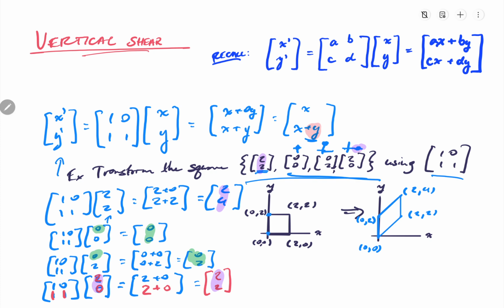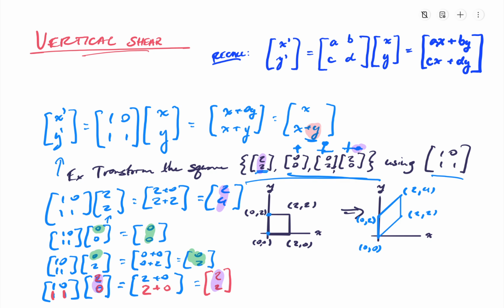All right, so that's why it's called a vertical shear. So everything that wasn't on the y-axis where y equals 0 was shifted upwards. So if the whole square wasn't on either axis, each type of shear would probably just be a shift.